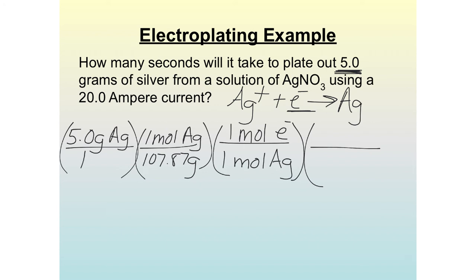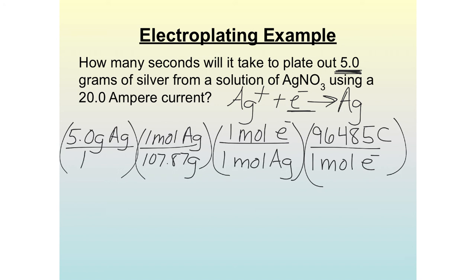And then we would do 1 mole of electrons correlates to 96,485 coulombs. That would give us coulombs, and then I'd put that into my I equals Q over T formula. Or again, you can do this all in one step, whatever way you find easiest for you.